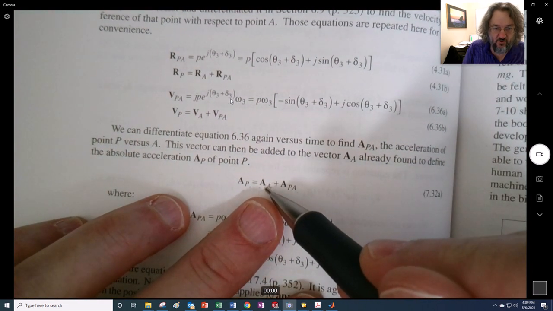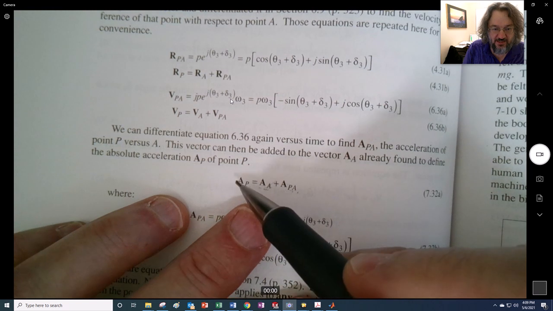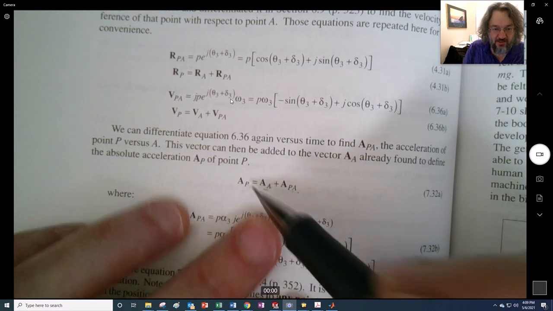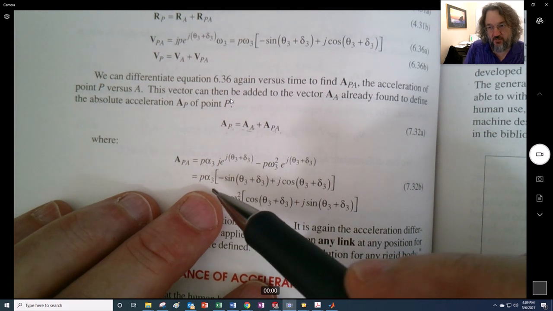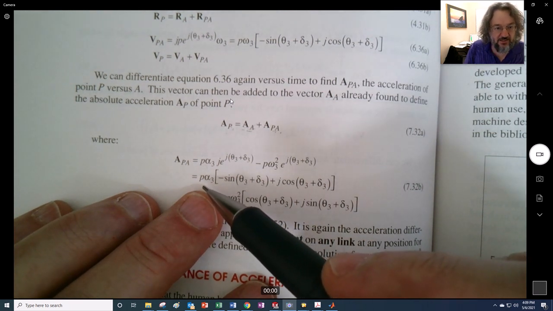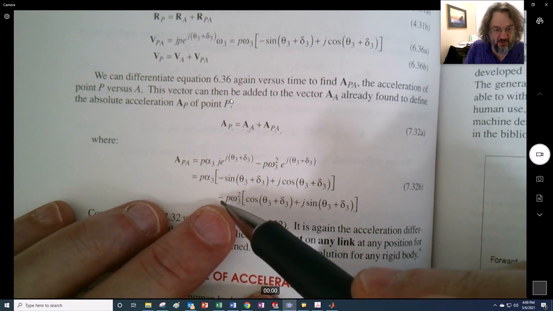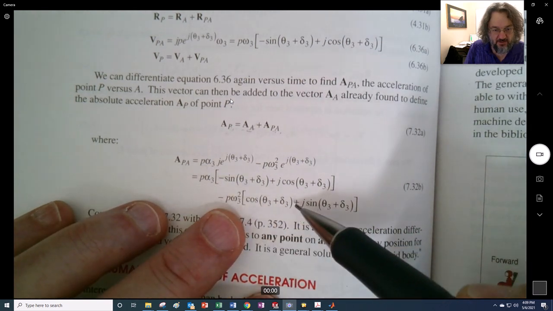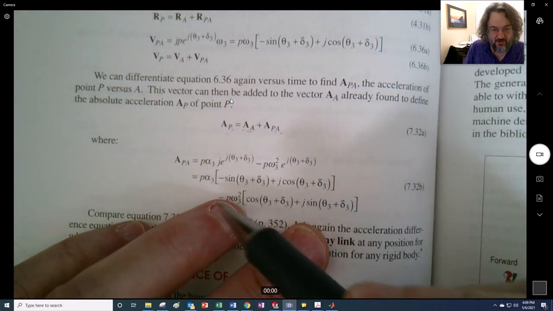So we know what the acceleration of A is, and we can find the acceleration of P with respect to A and add them together to get the acceleration of P. From this equation, this is what we have available, so we're going to use it. We could see that in the x direction, it's going to be this plus, actually minus this. And in the y direction, this plus that, which is actually minus.